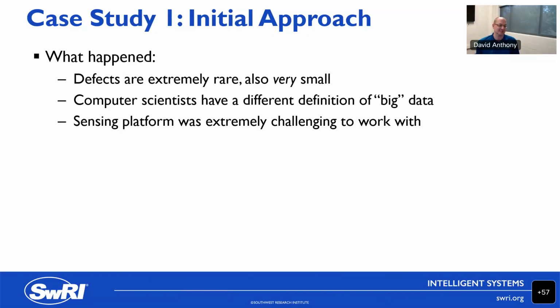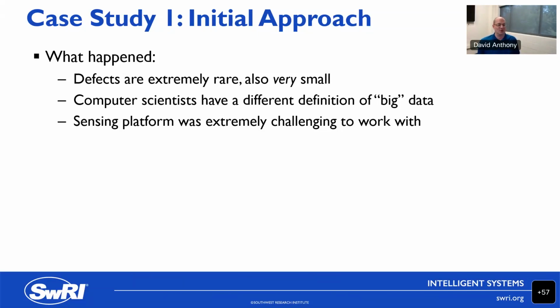Sometimes big data for, say, Google might mean a petabyte of images, 600 million images, whatever they use to train their networks with. Somebody dealing with medical prognostics may say, well, this is a very rare disease, and big data means data from a few dozen patients.